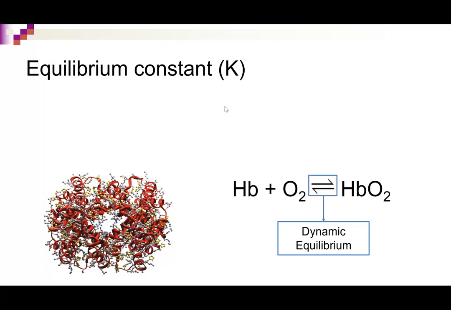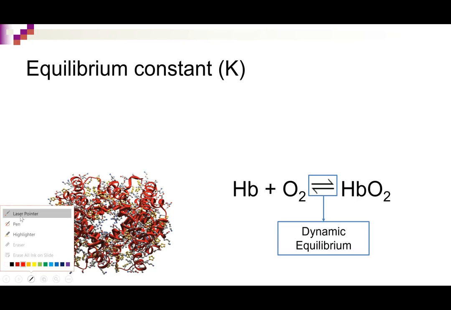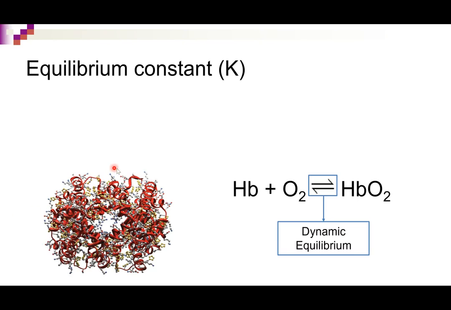So here we see a molecule of hemoglobin. This is something that we find in our blood. It's a protein that reacts or attaches to oxygen. There's four spaces where oxygen can bind to this hemoglobin, okay?